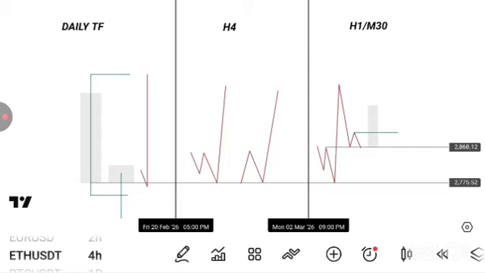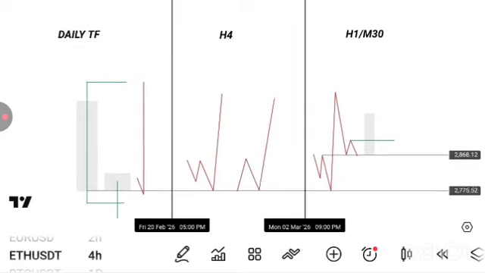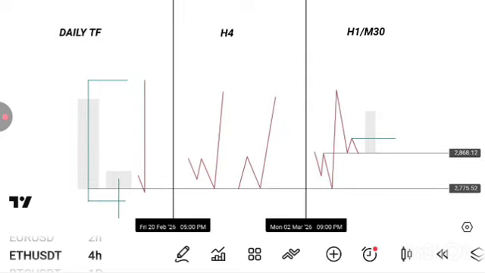If you are building bias from the daily, your H4 confirms your daily. Then if you are building bias from your H4, your H2, your H1, or your M30 time frame confirms your H4 bias. Hope you get me now.